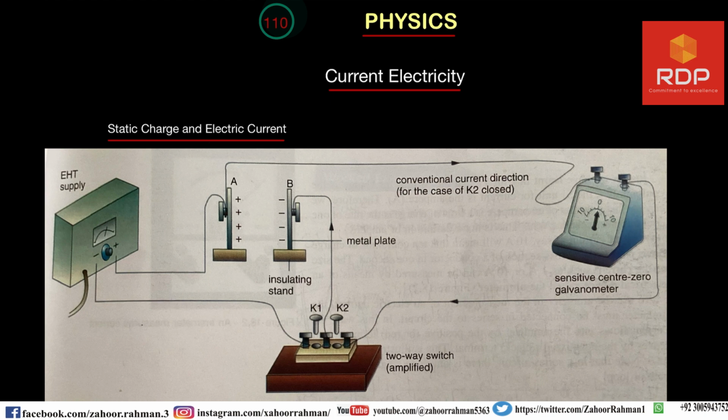We will end the unit with the study of electric circuits. This is where we will apply our electrical knowledge to the understanding of series and parallel circuits. So let us begin with the topic named static charge and electric current.